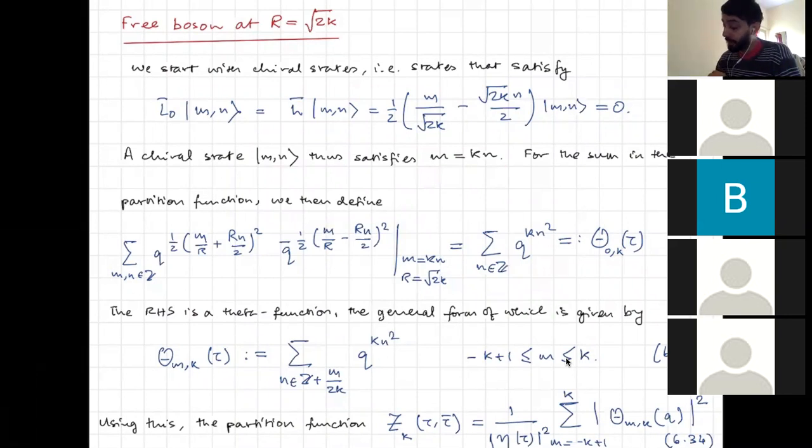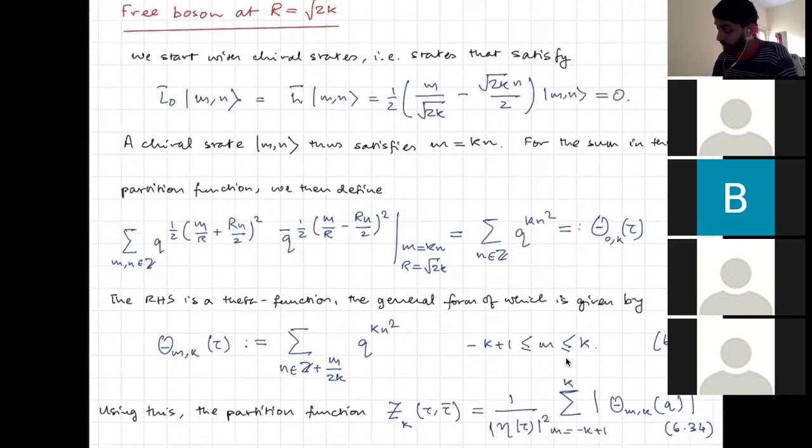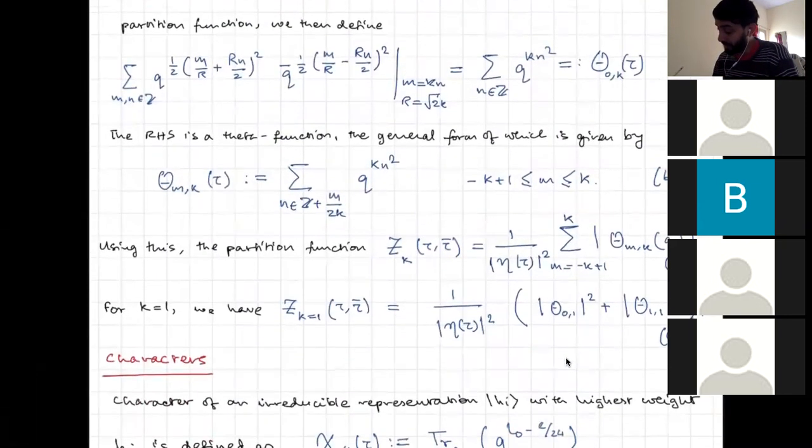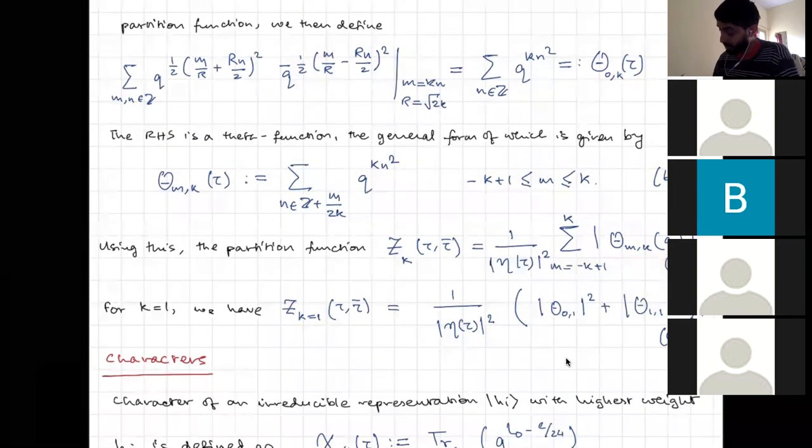If you do that, the partition function actually is going to simplify, and it's going to be written in terms of these theta functions, and it's going to be given by this mod of theta k squared.